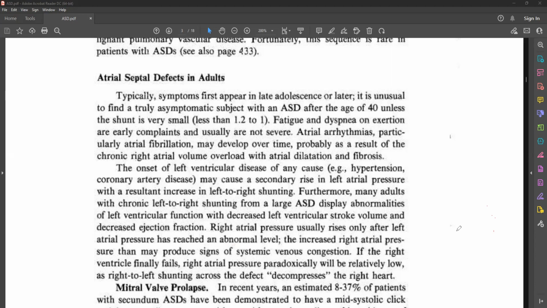Now, one thing you need to understand is that when the right ventricle ultimately fails, the right atrial pressure will become relatively low because the right to left shunting actually goes down, isn't it? I am telling this in the setting of a change in the pulmonary pressure. So technically, it will actually decompress the right heart.